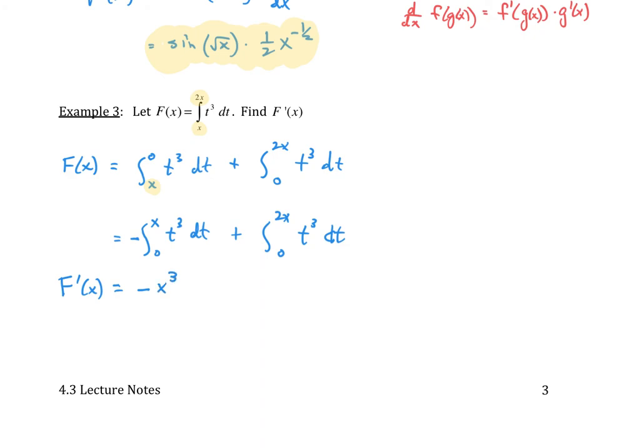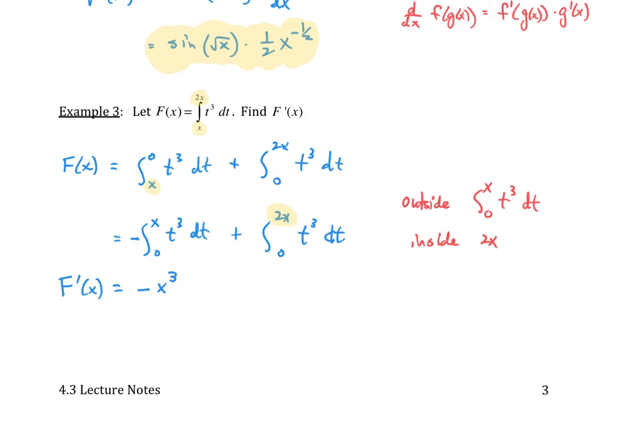Okay, for the second term, we're going to need to use the chain rule again. So just as before, the outside function is going to be the fundamental theorem of calculus looking thing, from 0 to x t cubed dt, and the inside function is going to be 2x.